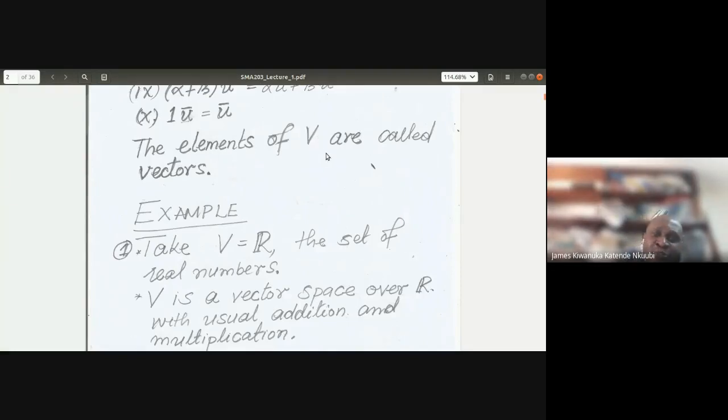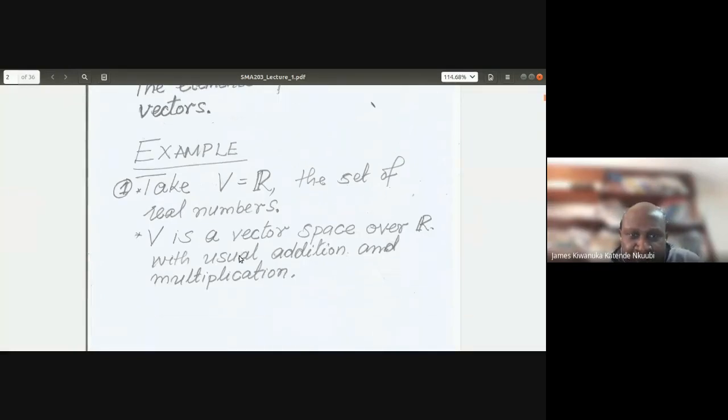So there are many types of vector spaces. We shall start with what is closer and familiar, and later on we shall look at other types of vector spaces. So a simple example is the set of real numbers.